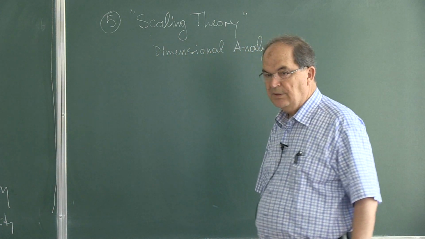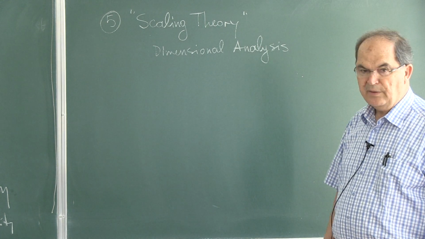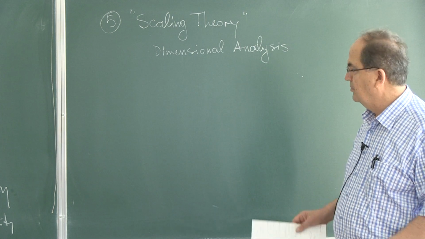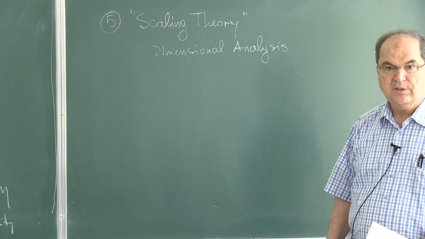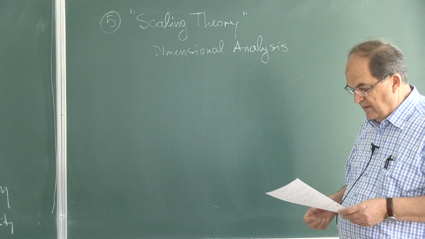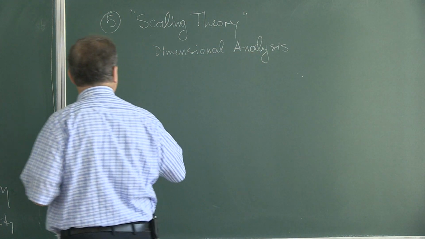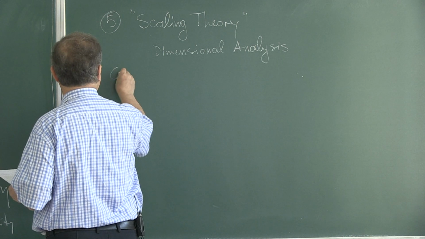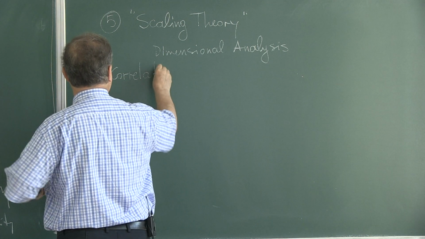Now, these exponents, as I told you, are not all independent. There are some relationships between them. And to introduce them, we have to look at the scaling theory, which depends on dimensional analysis and the fact that the correlation length is the most important length.